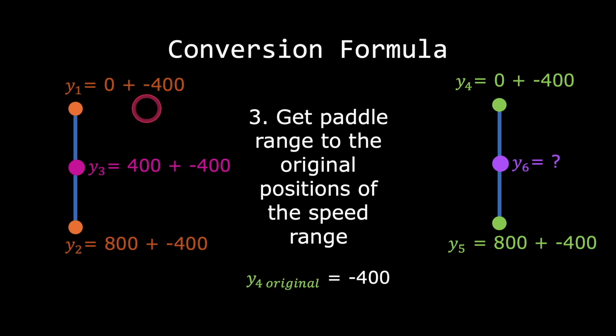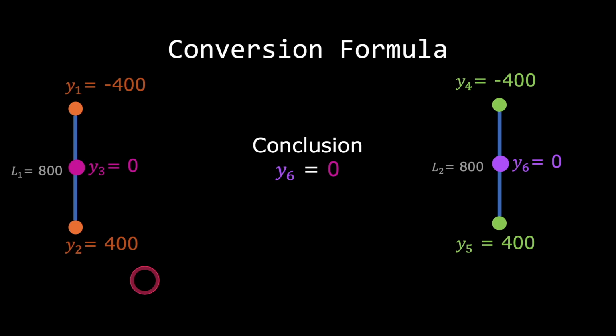In this case, 0 plus negative 400, 400 plus negative 400, 800 plus negative 400 will give us the new range we wanted. And so in this case, when we do everything, we get y3 equals 0, therefore y6 equals 0. And so when y3 was 150 between the ranges of 100 and 200, that converts into 0 on the range of negative 400 and positive 400.